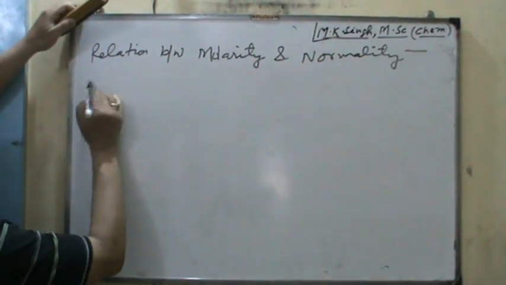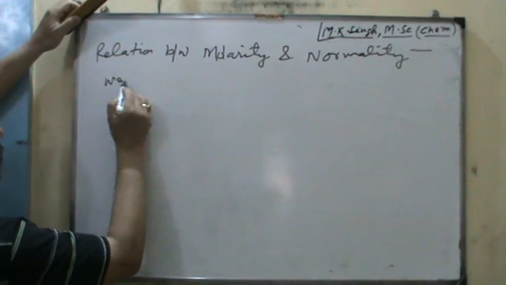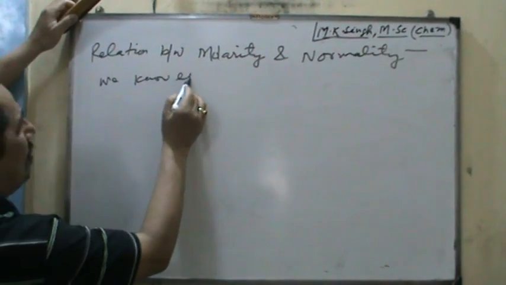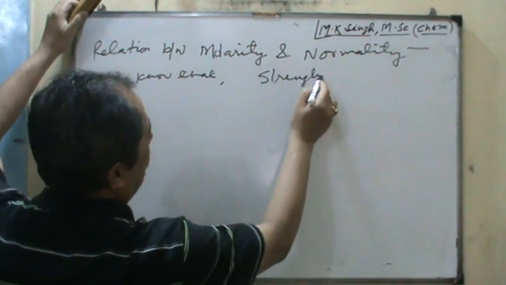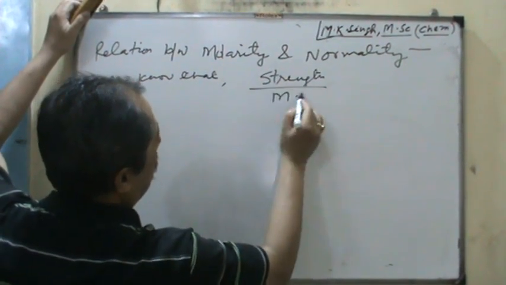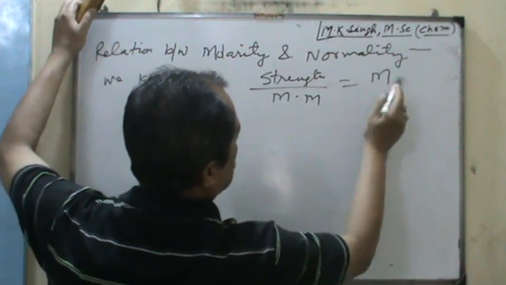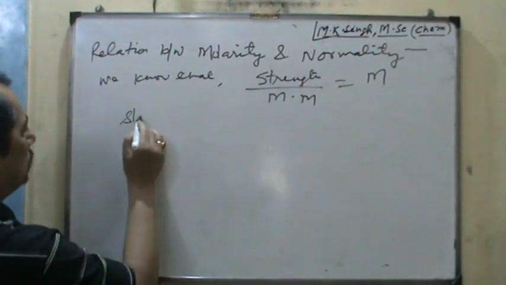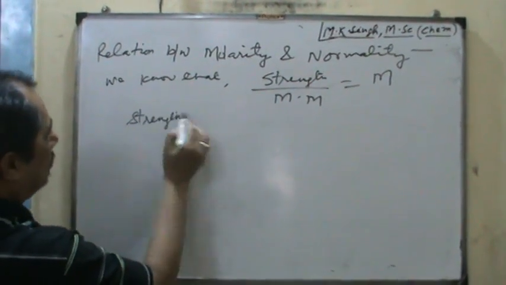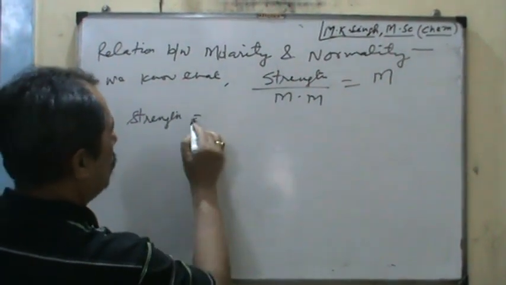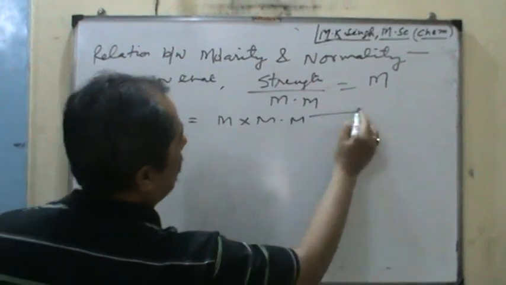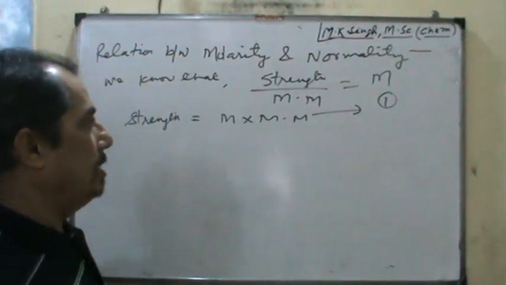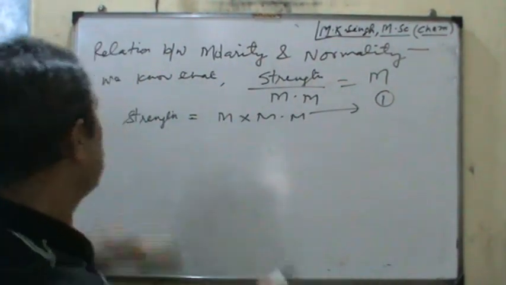See, we know that strength upon molar mass is equal to, what is that? Molarity. So strength is equal to molarity into what? Molarity into molar mass. Let us frame it as equation 1.